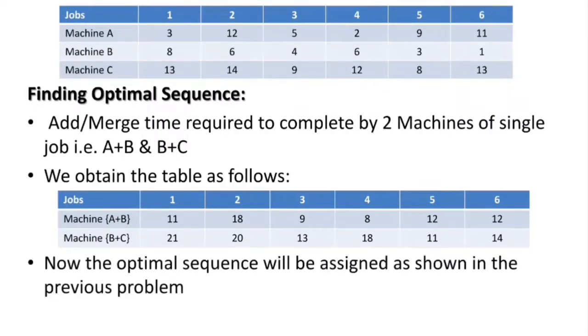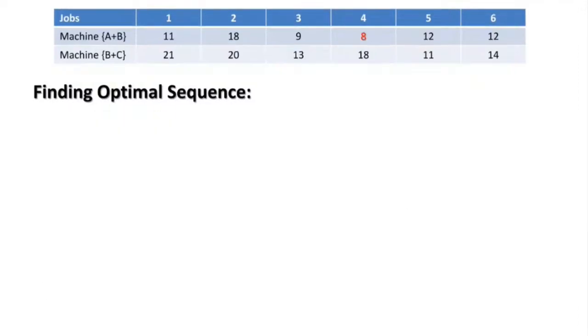Then we can go further assigning an optimal sequence as shown in the previous example. So once the merging of the time of the different machines, that is A plus B and B plus C for a single job has been done, then we are going for finding an optimal sequence.